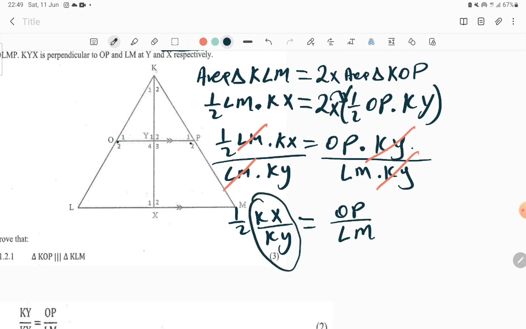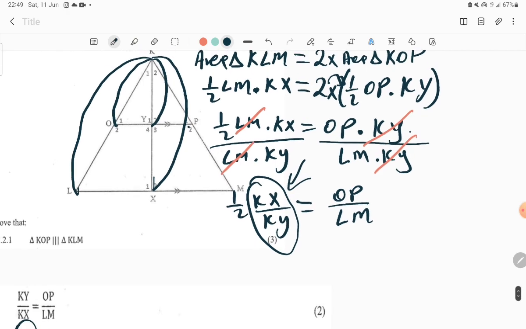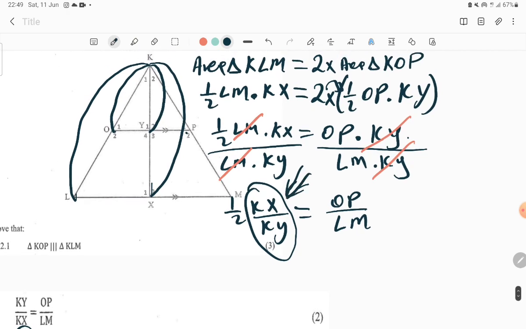We are having KX, which is the longest side, divided by KY. This is what we have over there. It is equal to the other longest side divided by KO. So in the place of this, I can write this other ratio. So that means we are having 1 over 2, then times KL divided by KO.